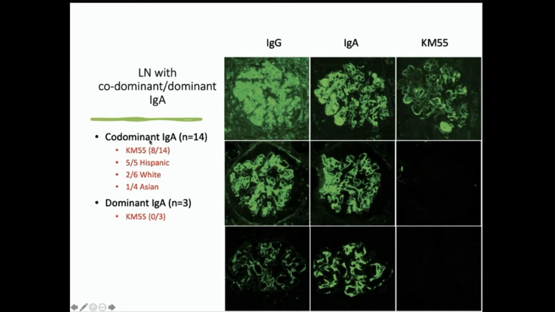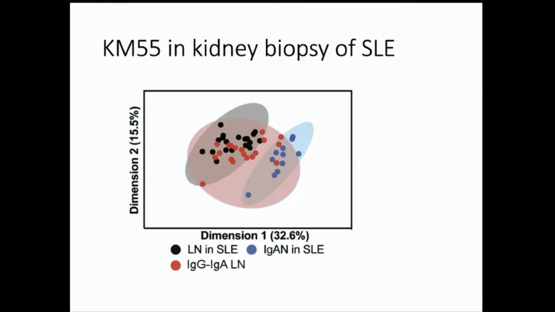As we can see, for the co-dominant IgA, in total we had 14 cases, and 8 of them, falling into the first row, are positive for KM55. The remaining 6 cases are negative for KM55.